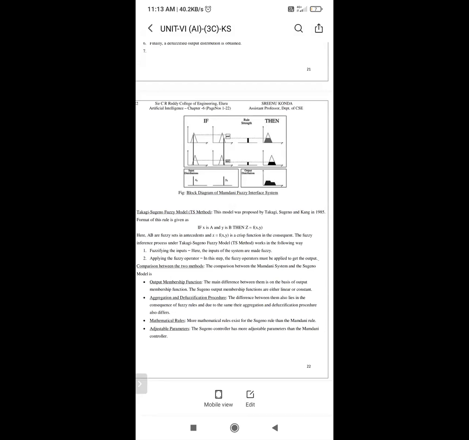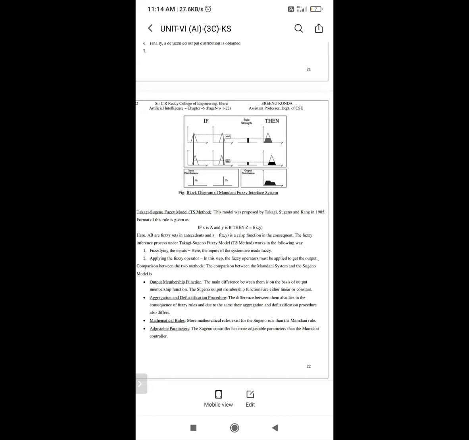The main difference between the two methods is on the basis of the output membership function. Okay, so this is the main difference between the two methods. The Sugeno output membership functions are either linear or constant. So here the output membership function in the TS method is linear or constant.